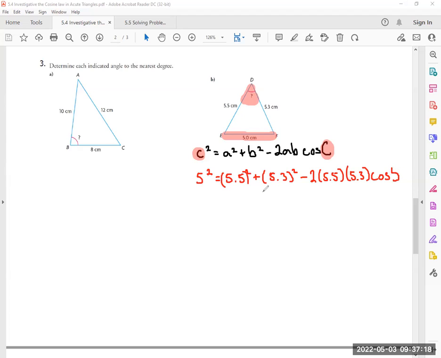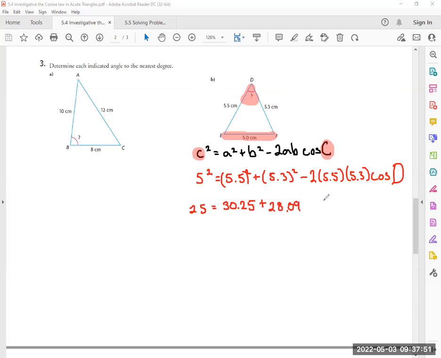Oh, how am I doing? Cosine, let's do angle D. Next, I am going to start working through the algebra. 5 squared is 25. 5.5 squared is 30.25. 5.3 squared is 28.09.